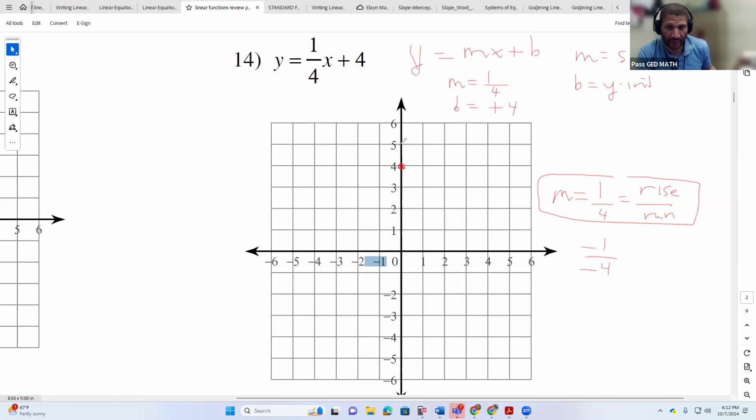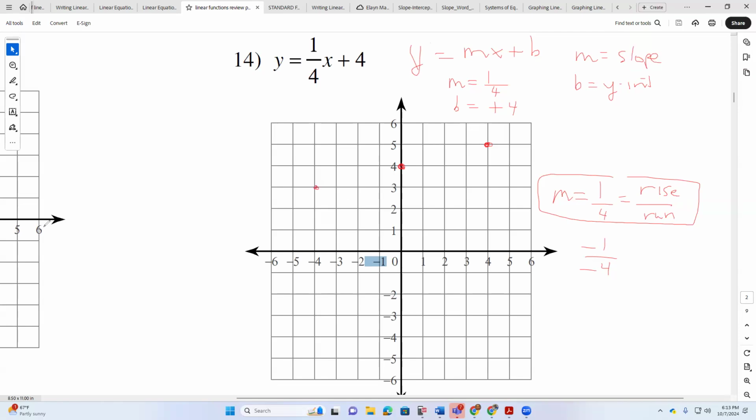So up 1 to 5 and then over 4: 1, 2, 3, 4. Any point on this line, I can do it unlimited times. To get to the next point is up 1 over 4, up 1 over 4, every single time. Now I could go down 1 to the left 4: 1, 2, 3, 4.